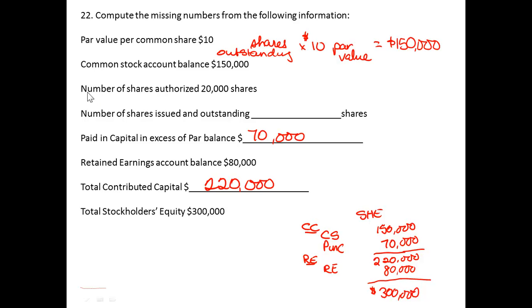So the shares authorized doesn't help us any, but the par value does, because we can derive that the number of shares that are outstanding is 150,000 divided by the $10 par, or 15,000 shares. So the number of shares outstanding, 15,000 shares, or 15,000 times 10 equals the common stock account balance of 150,000.